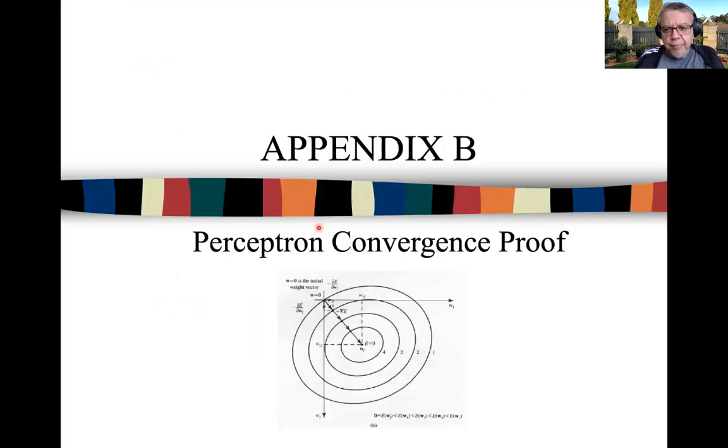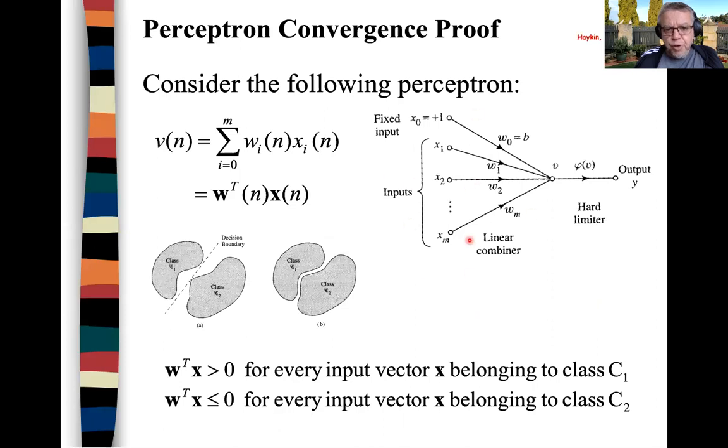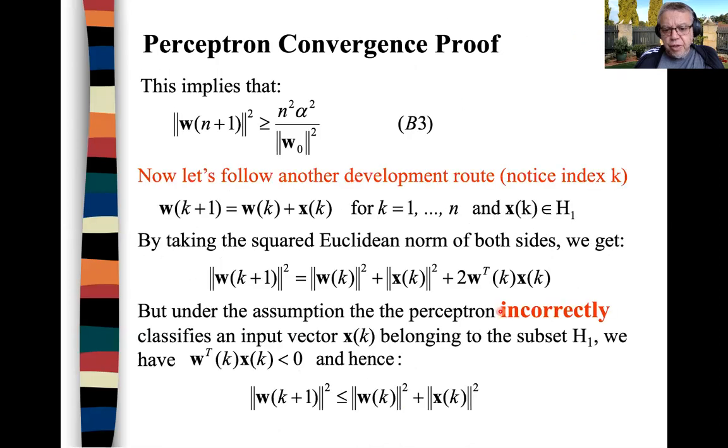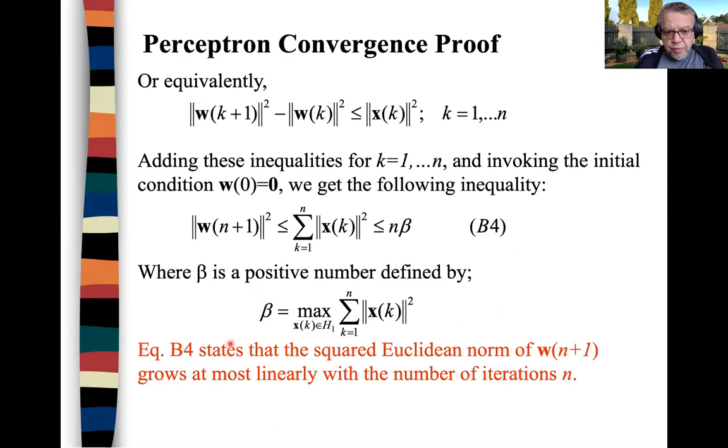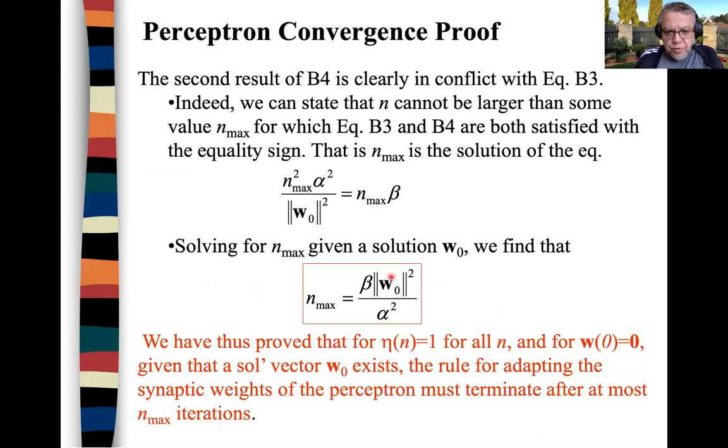I also have the perceptron convergence proof, which shows that if you have a perceptron, after a number of training iterations, you will reach convergence. So this is basically the conclusion, a proof that the solution exists. The rule for adapting the synaptic weight of the perceptron must terminate after at most n iterations, under certain conditions. Thank you.